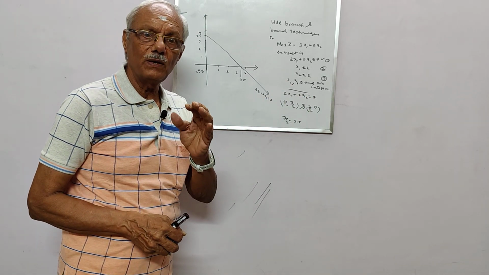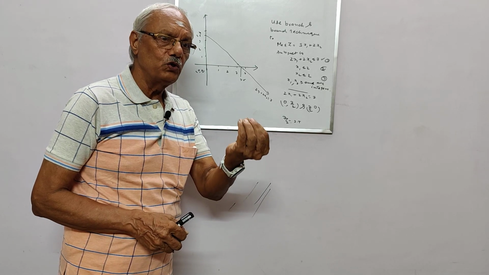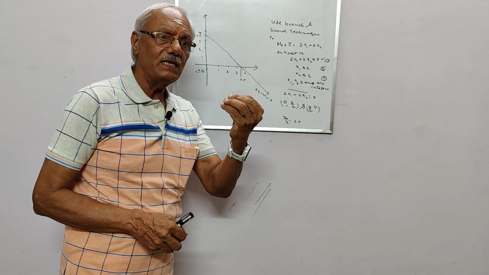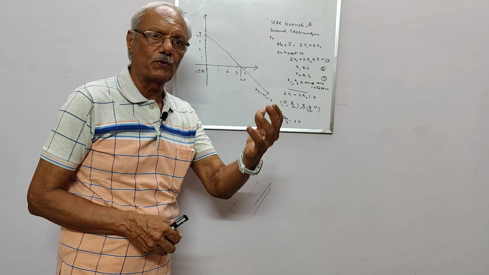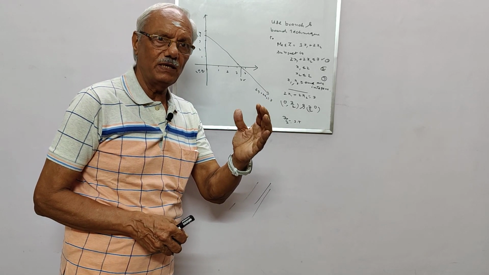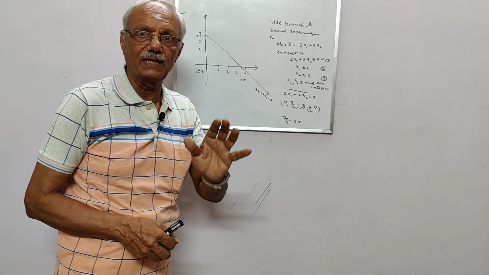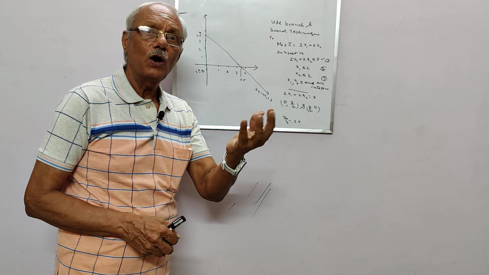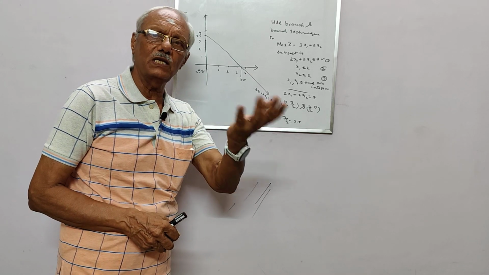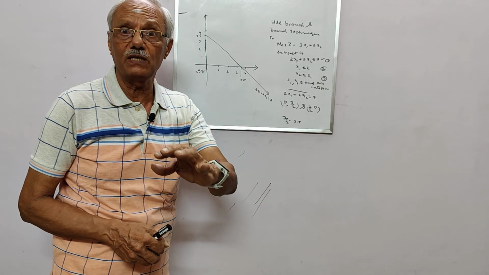Now, as I told you in the beginning of the class itself, if you are going to use a graphical method, then first of all draw the equation of the line. Then decide according to the problem whether it is above the line or below the line, if it is less than or equal to or greater than or equal to.